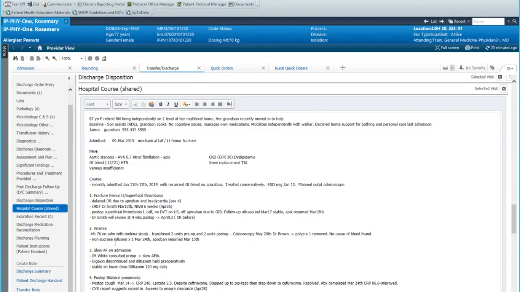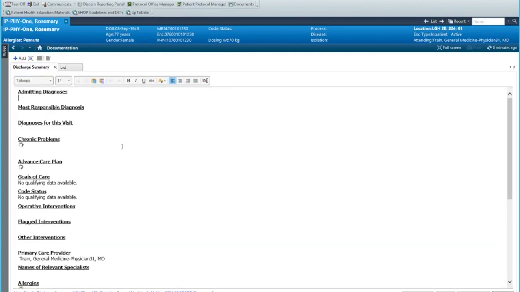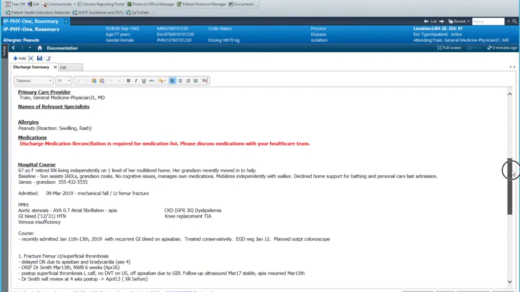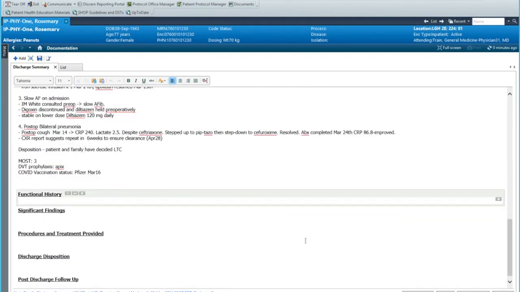If everyone's done a good job of collaborating to make a good discharge summary in the hospital course, all you do is go into discharge summary, and what should happen is that the hospital course will be pulled in. So if we go down to here, you'll see that the hospital course is now pulled into the dictation for your discharge summary. So that's why there's a really good advantage of keeping a good record of what happened in the hospital.